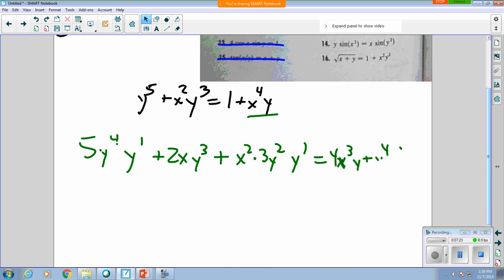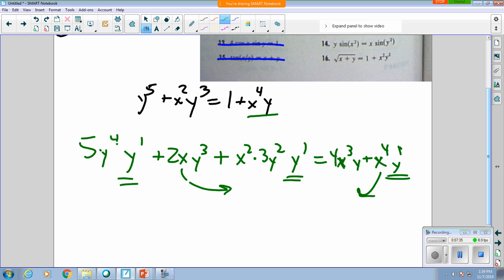There are 3 of them. There's 1 here, 1 here, 1 here. So I'm going to send this term to the other side with the y prime. I'm going to send this term to the other side. So all the y primes are on one side. Everything else is on another.